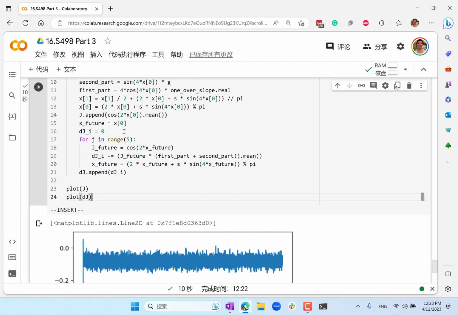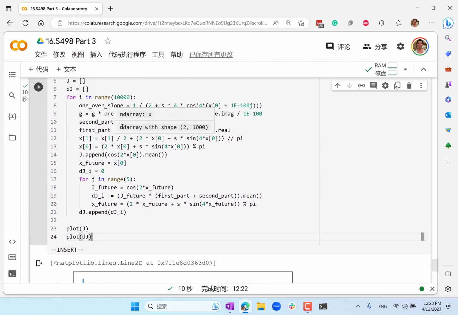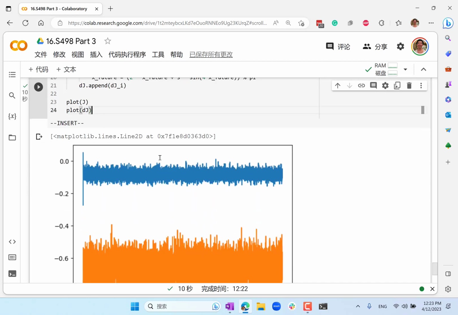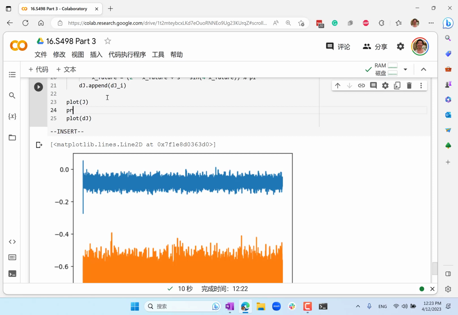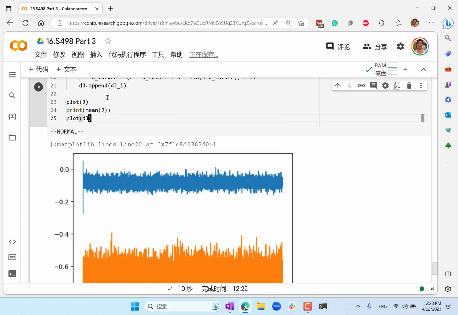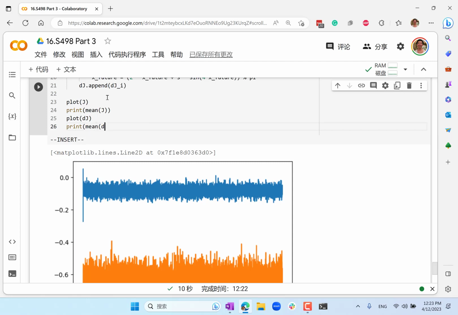And now we have perturbed s to 0.1, right? And the objective function dropped from 0 to roughly about, I don't know, let's see, let's print j dot mean j, print mean dj.